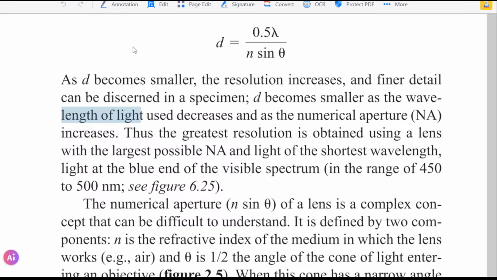How the refraction works. Refraction works by bending the light. So if the light has different wavelengths, it is going to be bent differently from one another. So they are saying the smaller the wavelength is, the smaller the D becomes, meaning the higher bending occurs. So it makes the D smaller.